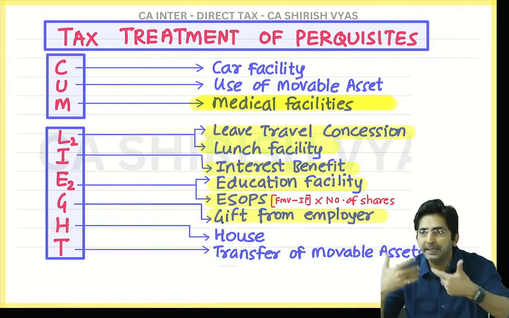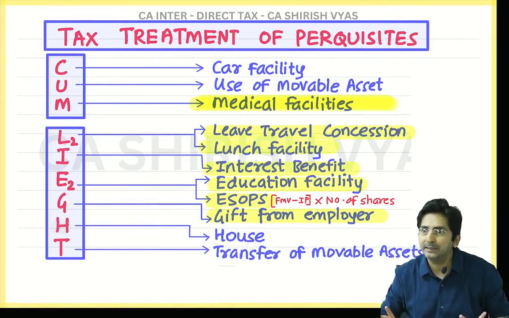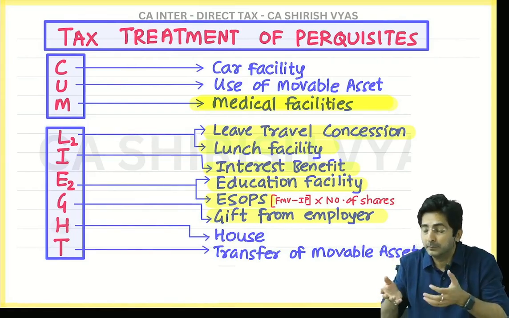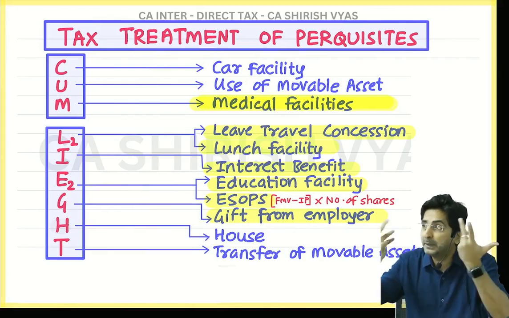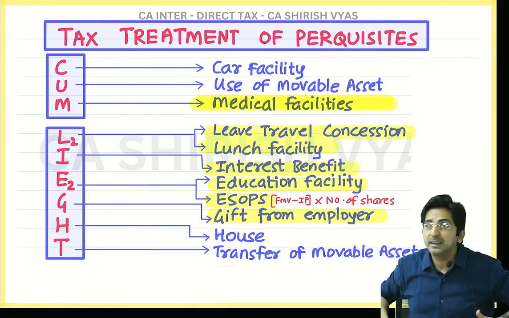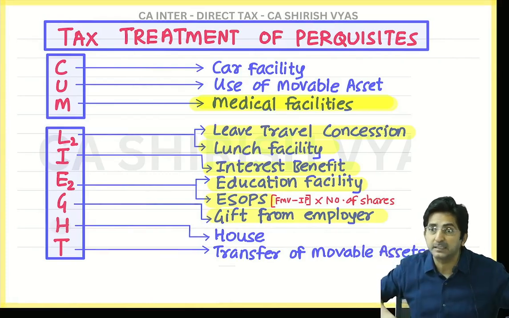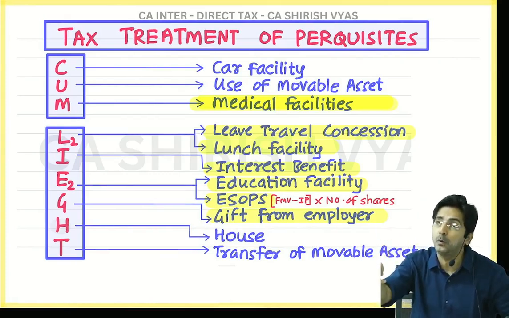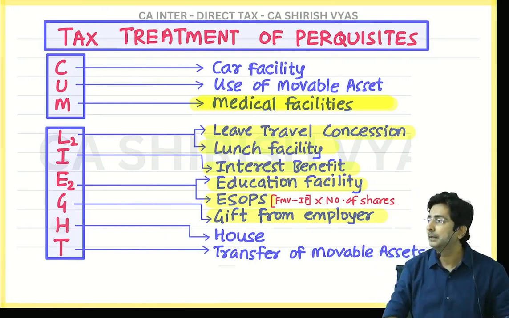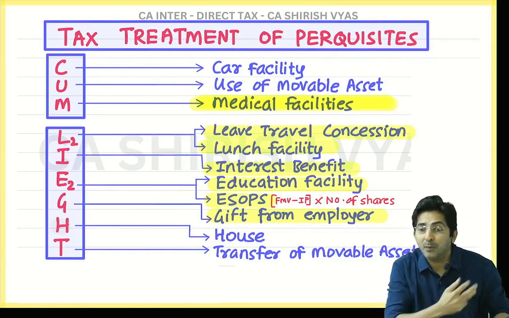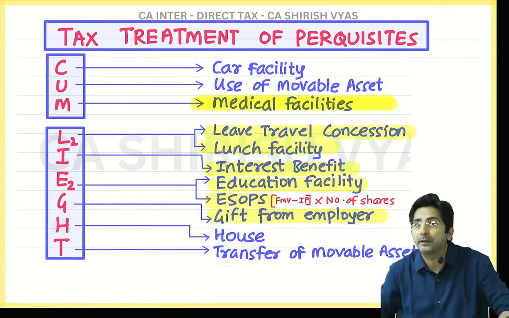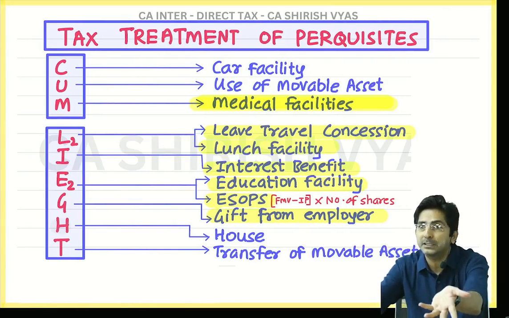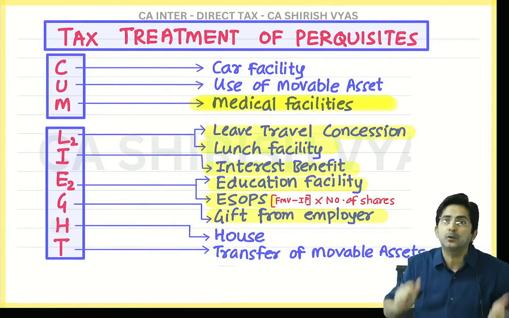At night also you will be working. So when the company gives you a laptop, is the company actually giving you a benefit, or is it becoming selfish? Here the company is becoming selfish, because they want that he should be able to do the work from home also. Like education also. Why is the company educating the employee? Because if he gets education, it will be useful in our office only.